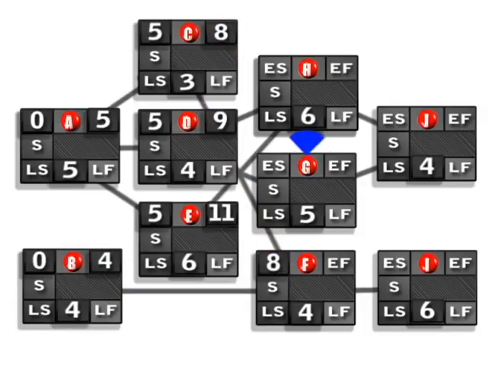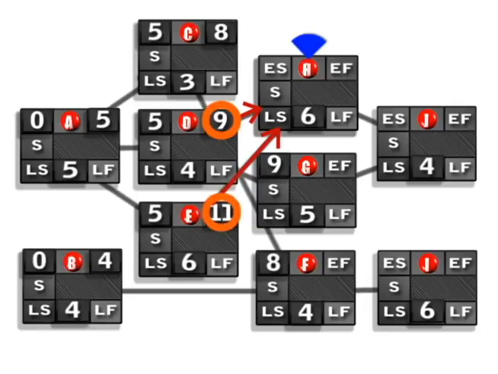For activity G, we only have 1 predecessor, which is D, so we don't have to make any choice. So for activity G, we're going to have 9 as our early start. For activity H, we have activity D and activity E that feed into H. So we have to look at those early finish times and determine which one is going to be our early start for activity H. Activity D has an early finish of 9 and activity E has an early finish of 11.